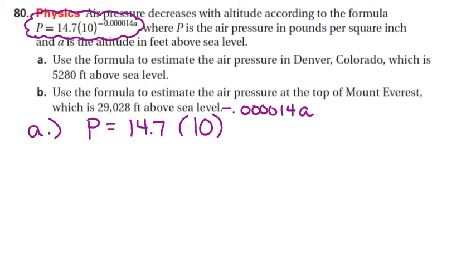All right, so part A says, use the formula to estimate the air pressure. So our air pressure is unknown, and we want to find it if we give you an altitude of 5,280 feet. So this is going to be our A. So our P, our air pressure, is unknown.